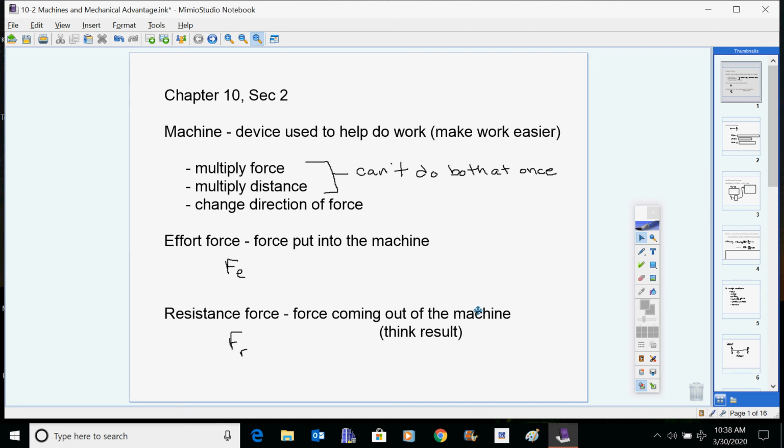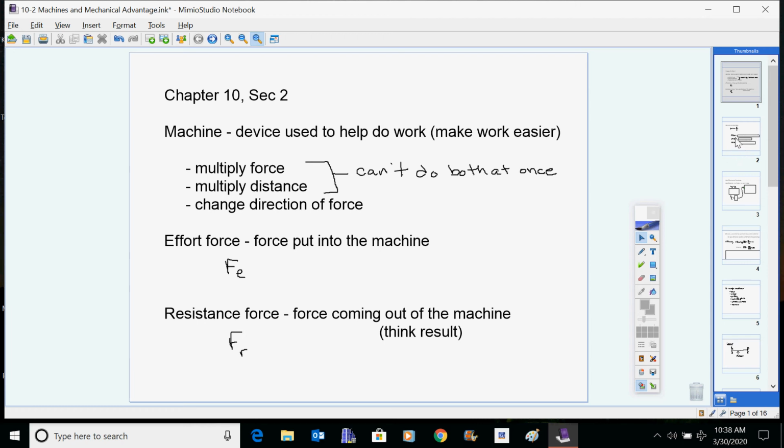What was the result in terms of force? So for the case of my car jack, I've put in my effort, which is me pushing on the handle, and the resultant force or the resistance is that car being lifted up.